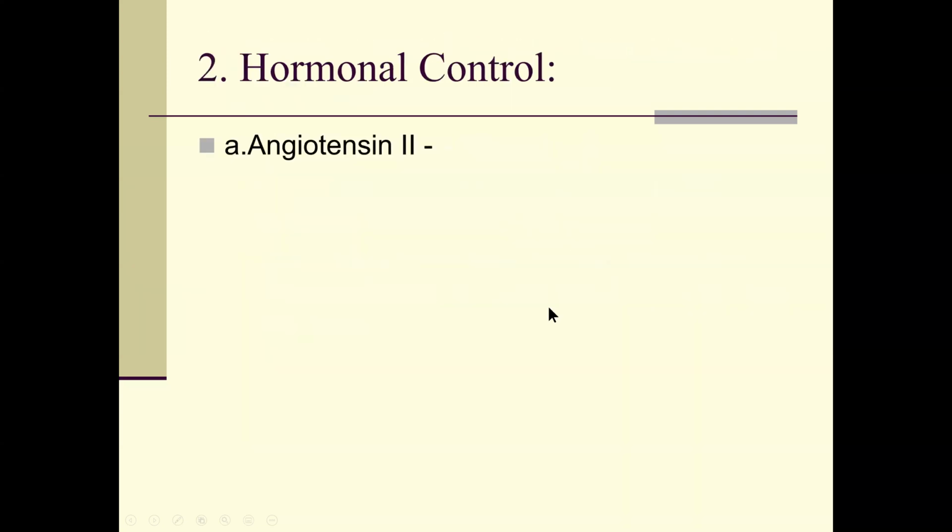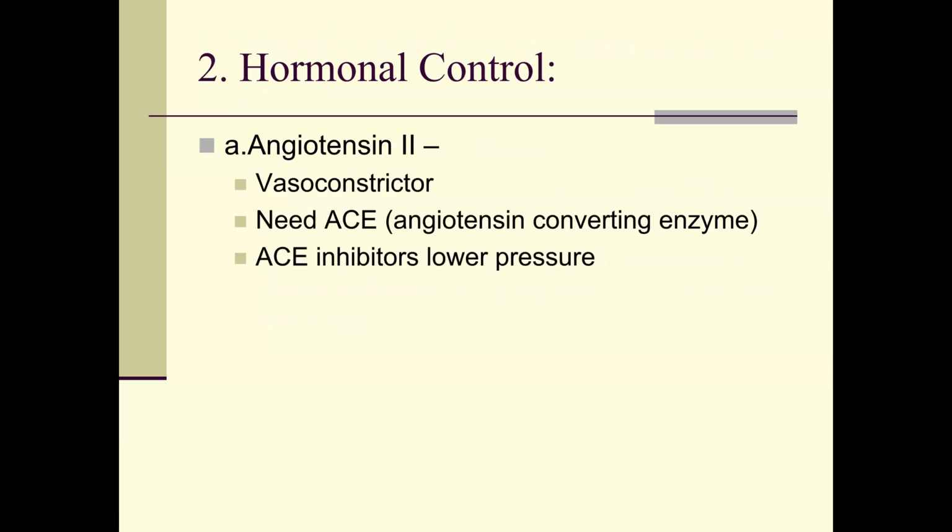We have hormonal control, angiotensin 2, a vasoconstrictor. There's angiotensin 1, and it's going to be converted into angiotensin 2. We need ACE, angiotensin converting enzyme, to convert angiotensin 1 into angiotensin 2 so it can be a vasoconstrictor.